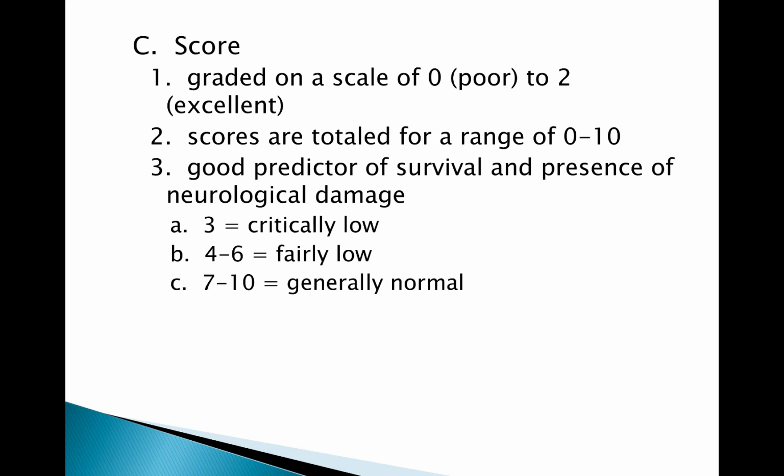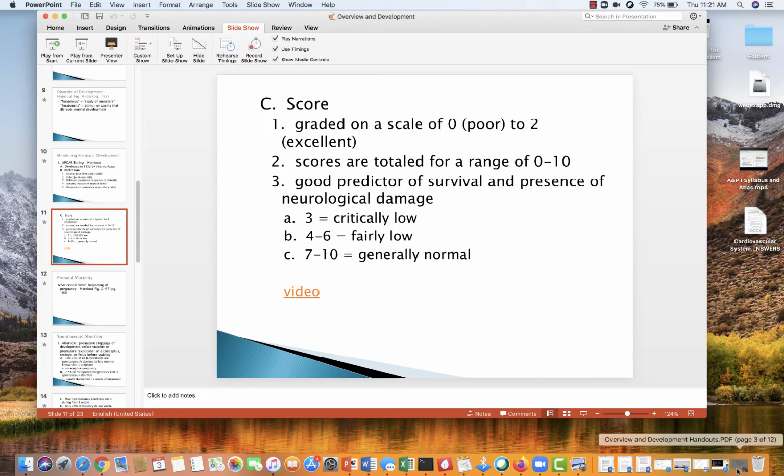And then a score of 7 to 10 or 8 to 10 is considered generally normal. Okay, so we're going to go ahead and take a look at some of that criteria from your handout.